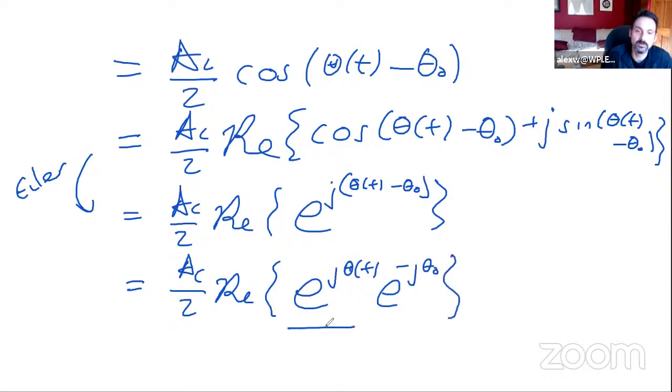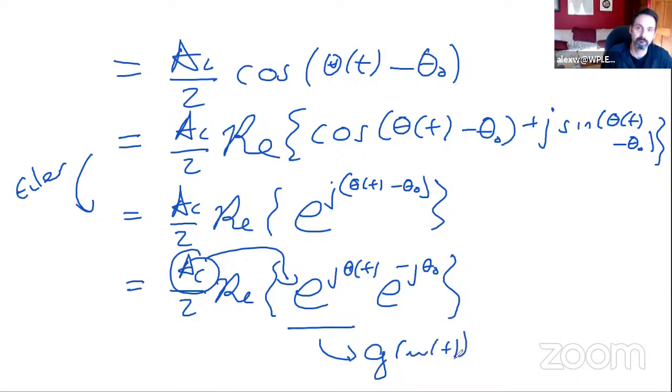And this, folks, and we have to bring the AC back. This is G of M of T. And we just have to reverse map it. Happy. All right.